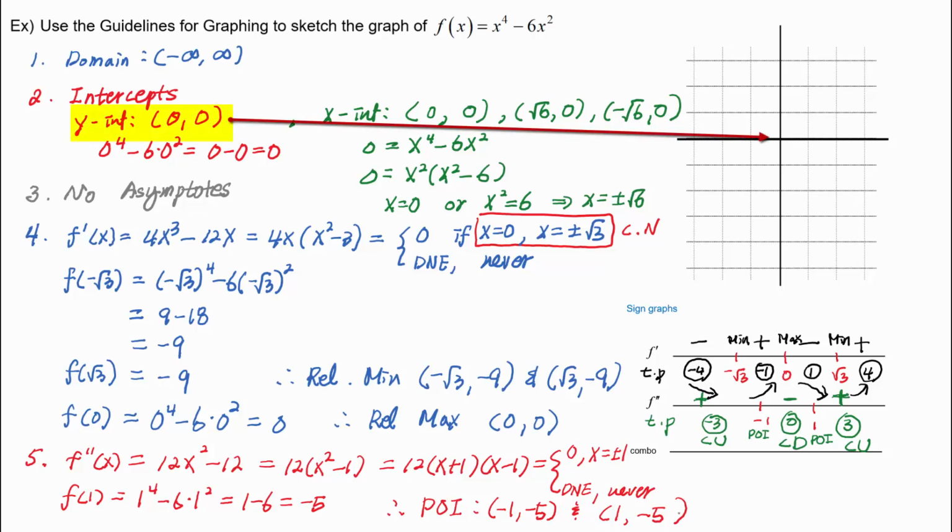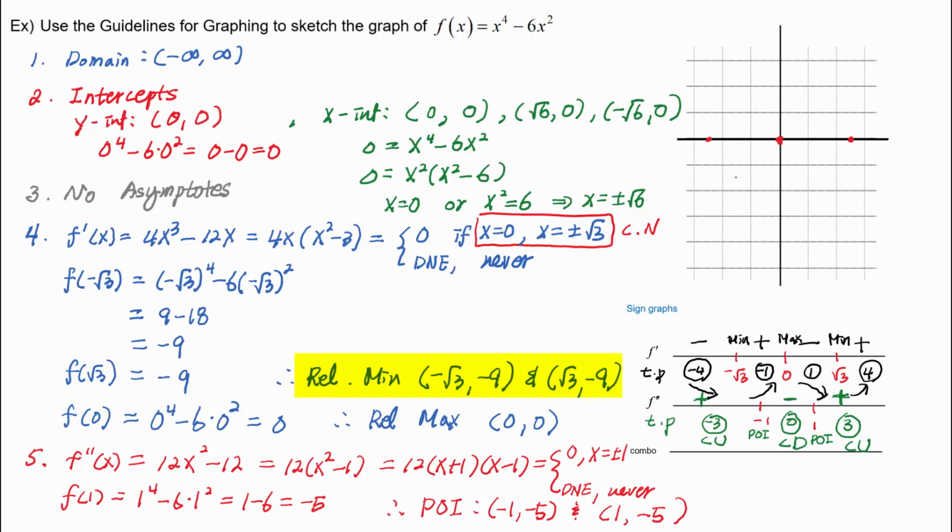The y-intercept was (0, 0). My x-intercepts are also (0, 0), and radical 6, which is about 2.44, so (2.44, 0) and (-2.44, 0). I have no asymptotes, and my relative minima are at negative radical 3, -9, and radical 3, -9. Negative radical 3 is about -1.7.